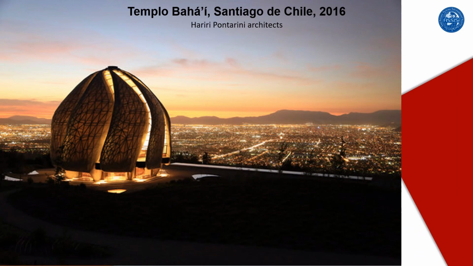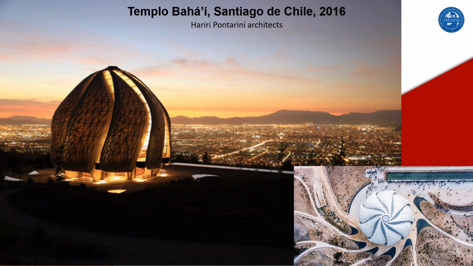Templo Bahá'í in Santiago de Chile, its creators define it as an undulated mantle. They are structures composed of 3 layers, the internal one of alabaster, the external one of molten glass, and the intermediate one of the stainless steel, which contains the previous one.